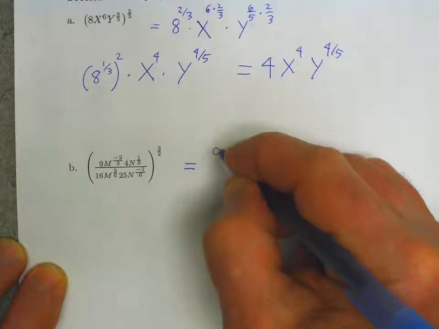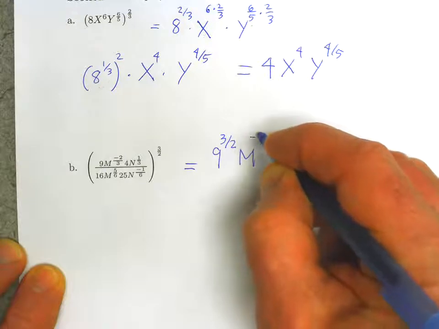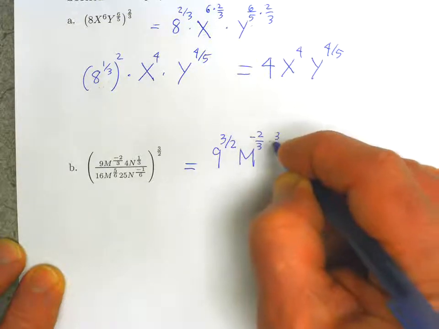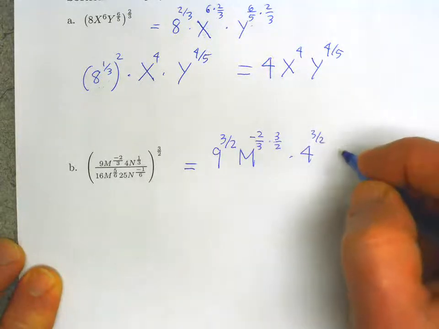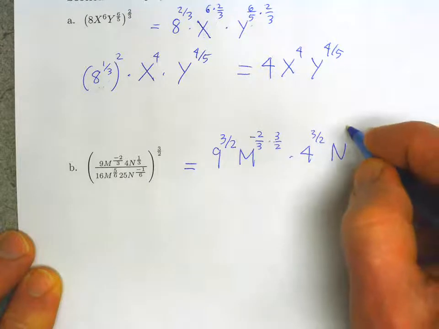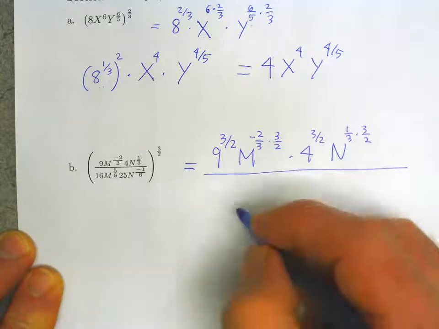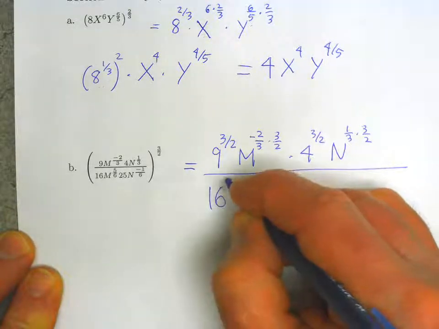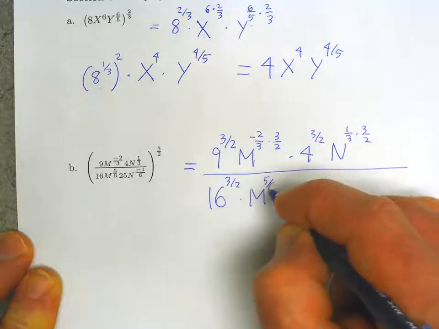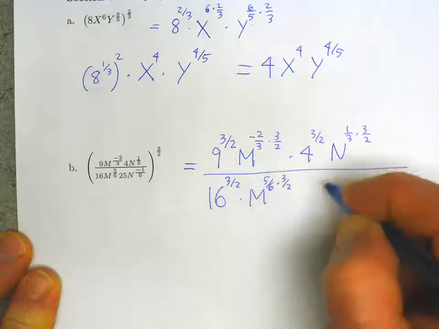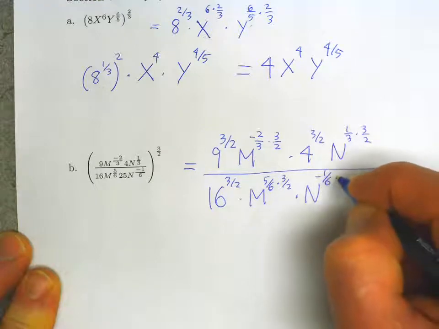So in the numerator, we get 9 to the 3 halves times m to the negative 2/3 times 3 halves times 4 to the 3 halves times n to the 1/3 times 3 halves. And then in the denominator, 16 to the 3 halves times m to the 5/6 times 3 halves times n to the negative 1/6 times 3 halves.